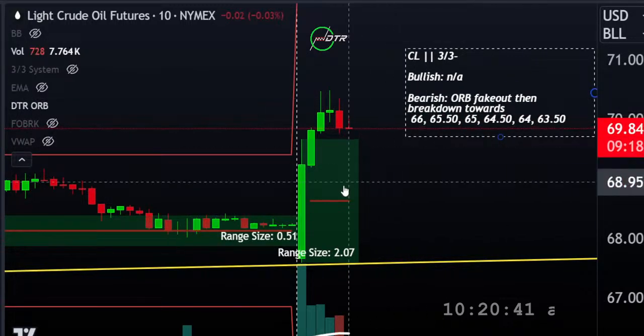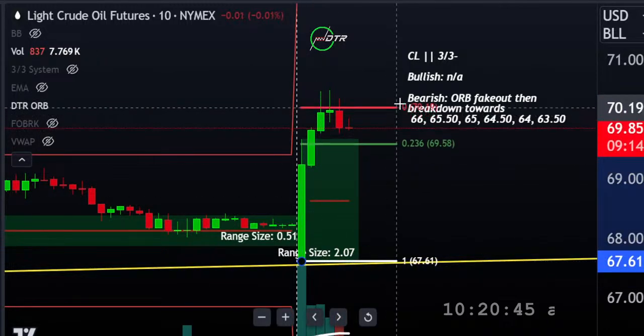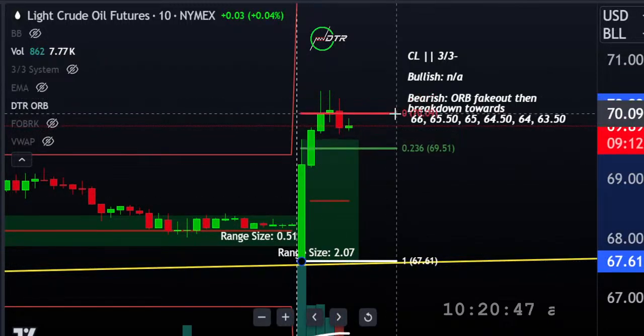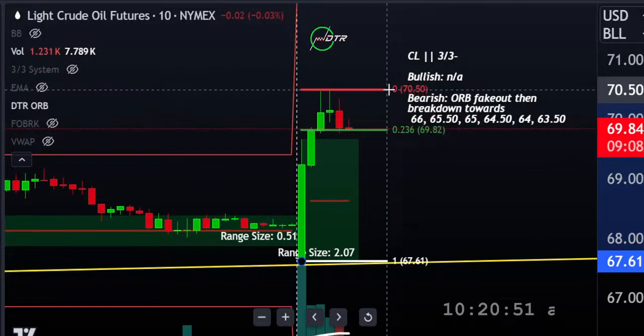Crude could also be in play here. I probably want to do a stop loss at high of day.